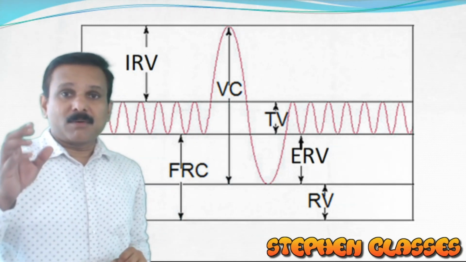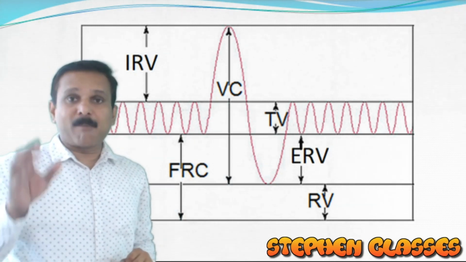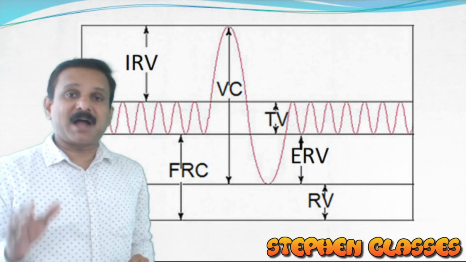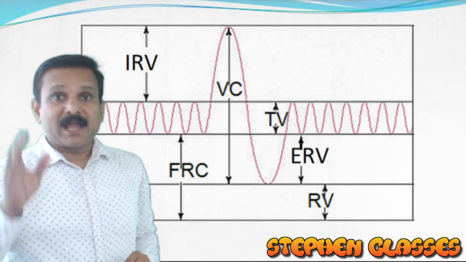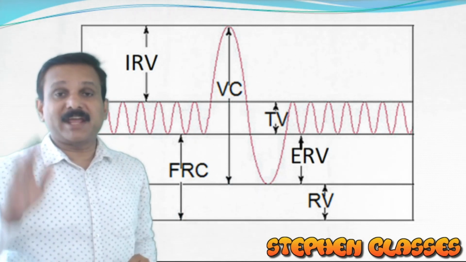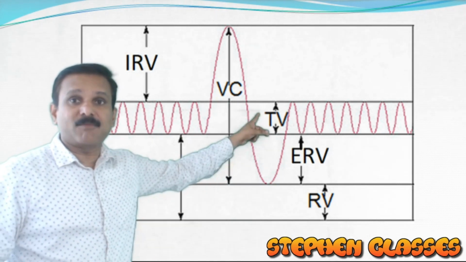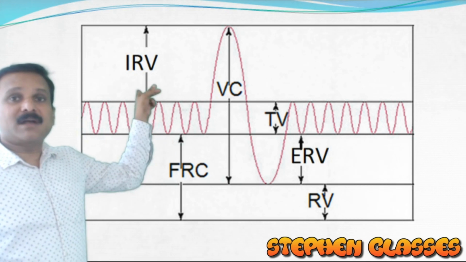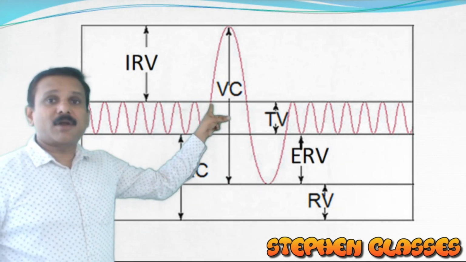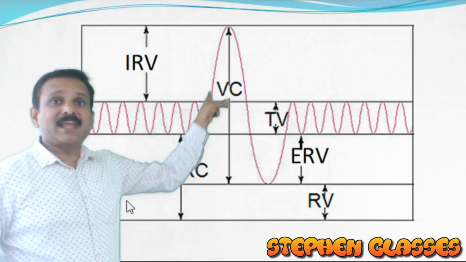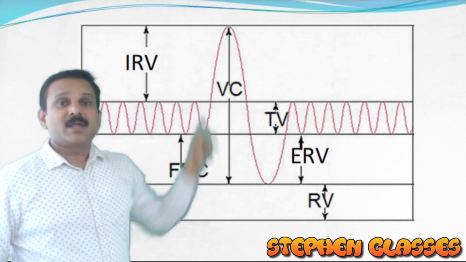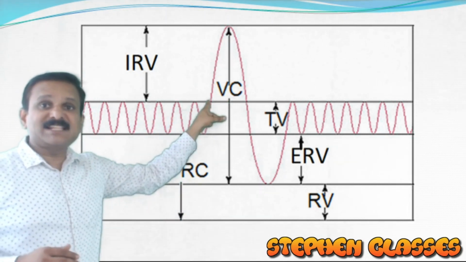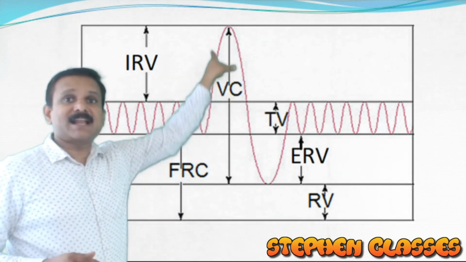The amount of air that is inspired or expired during an effortless, normal respiration, that is tidal volume. And what about IRV here? After normal inspiration, when you are taking an additional amount of air, the additional amount of air inspired. This line is going up.